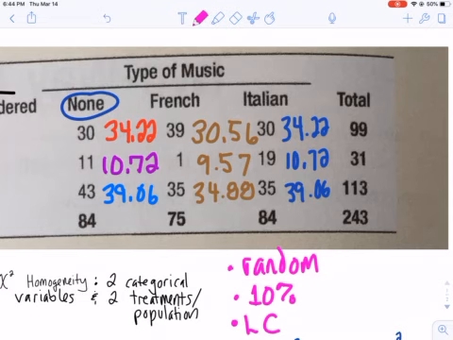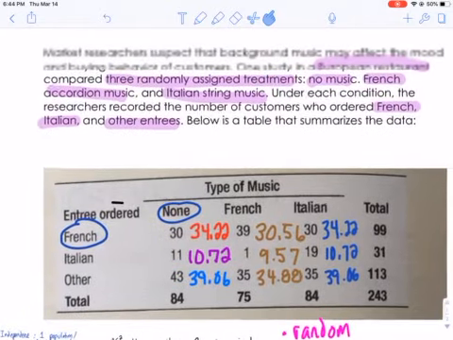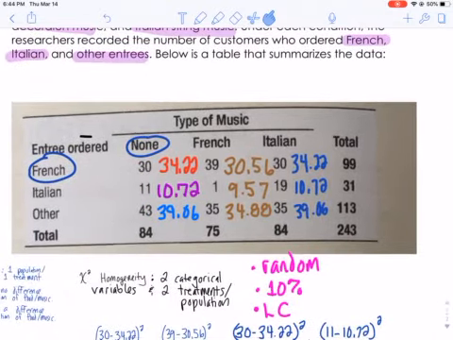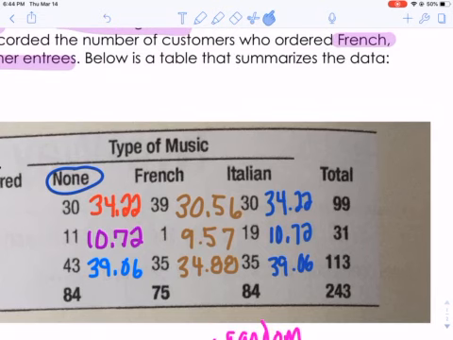You don't necessarily have to be looking at 10% of your population. And also, as far as random, you're going to have volunteers for an experiment. So you're not really randomly picking people. However, we did have random assignment here. So that does fit this. Now, typically, for an experiment, you always want random assignment anyway. But if you're doing a Chi-Square test based on an experiment, then you have a little flexibility with these conditions.